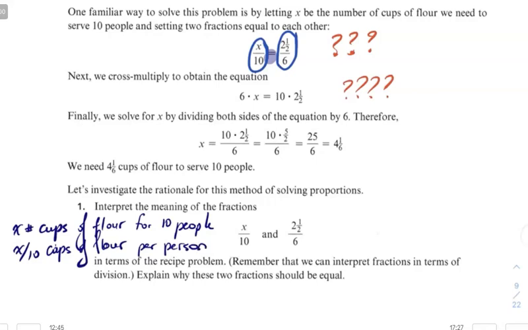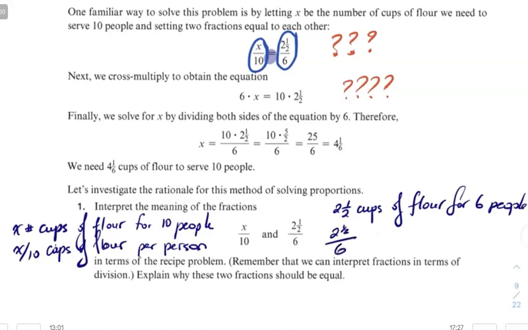Right? X tenths cup of flour per person. Same thing here. We said 2.5 cups of flour for 6 people. And doesn't it make sense to say 2.5 sixths is cups of flour for 1 person?